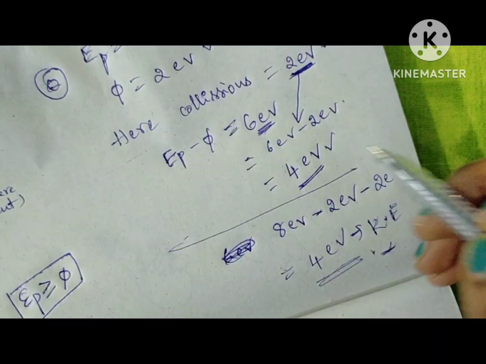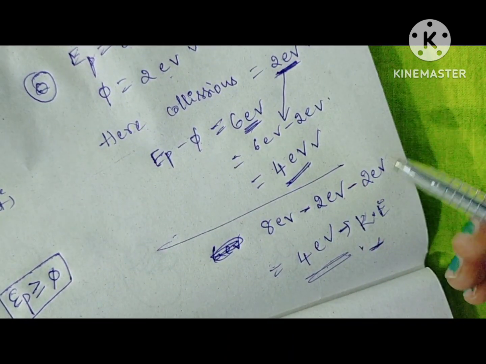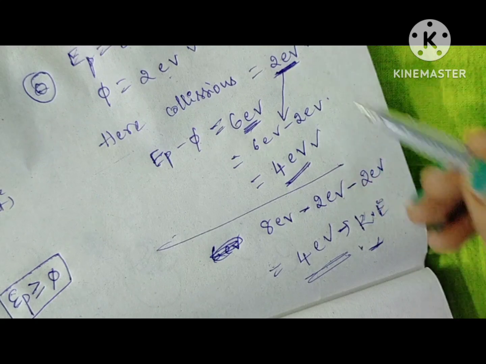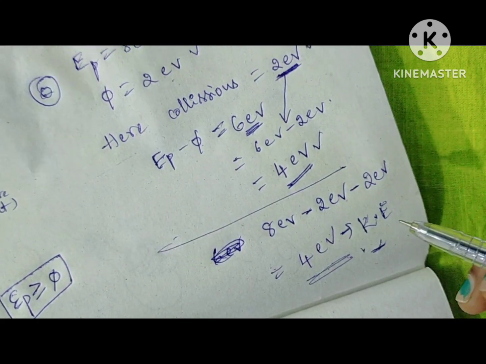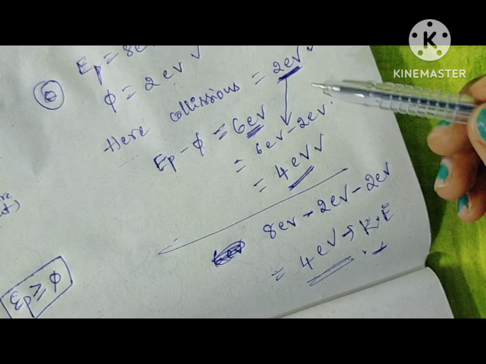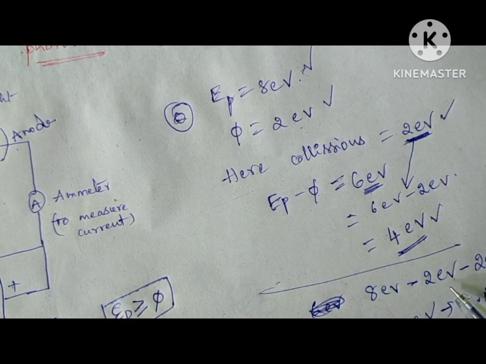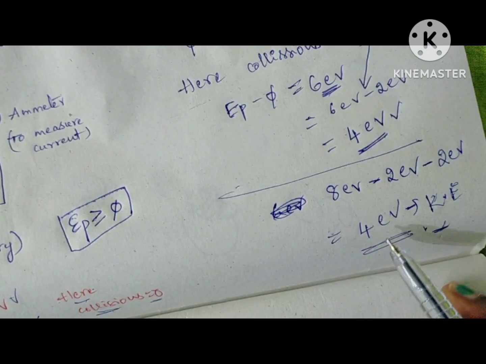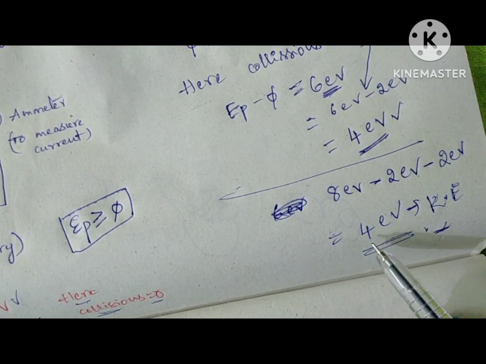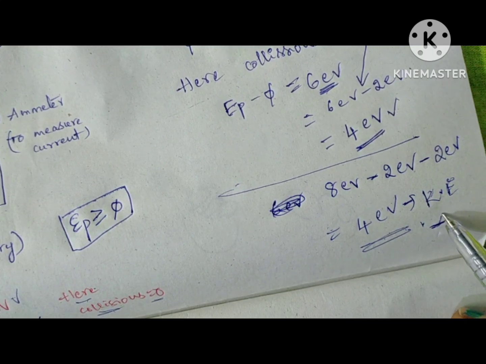That means 8 electron volts minus 2 electron volts, and the collided electrons also we need to reduce from these values. So 8 electron volts minus 2 electron volts minus 2 electron volts. So the answer is 4 electron volts. So these 4 electron volts are converted into kinetic energy.